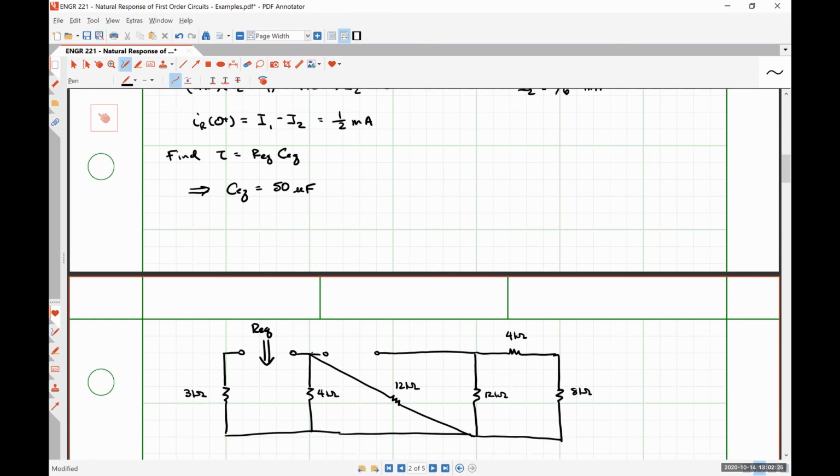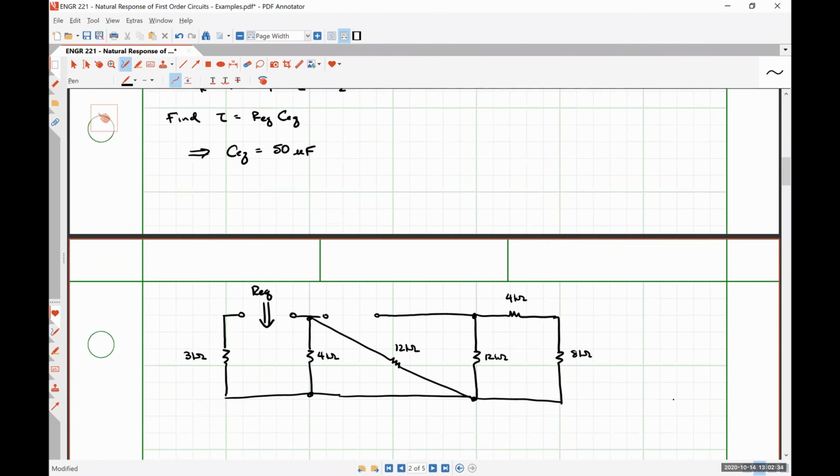So what is the equivalent resistance seen by the capacitor during the transient condition? Anybody have any ideas?